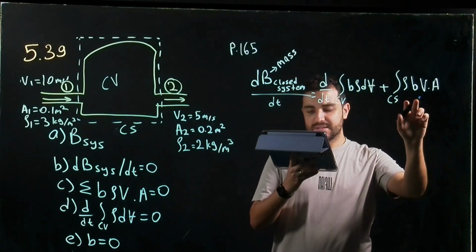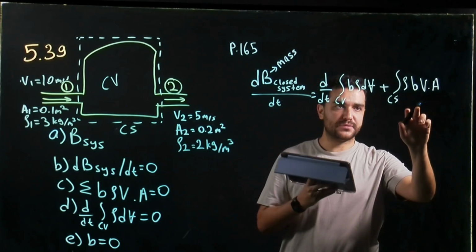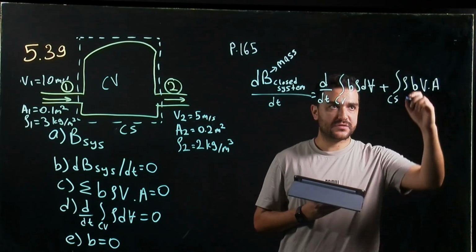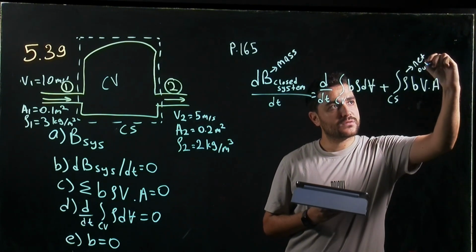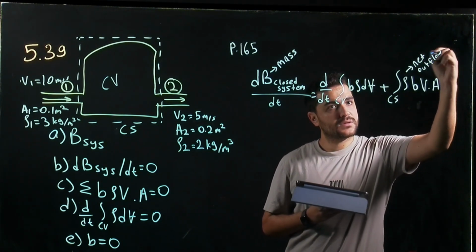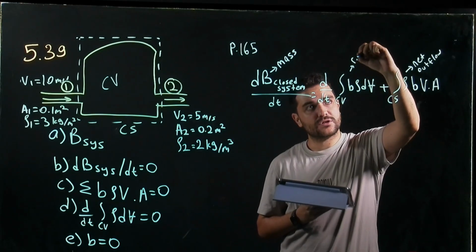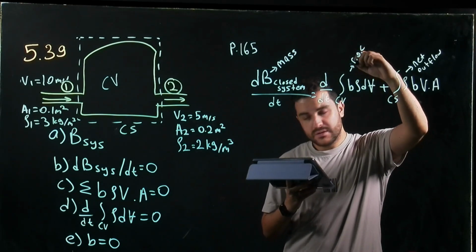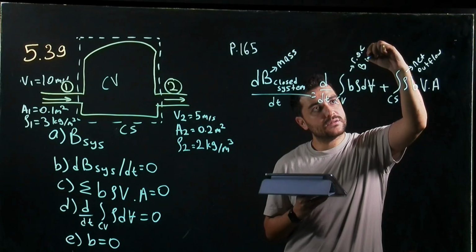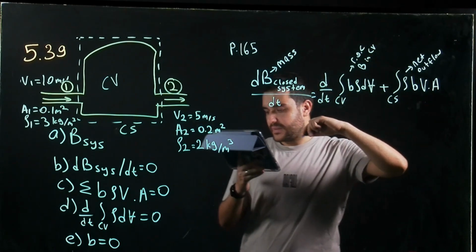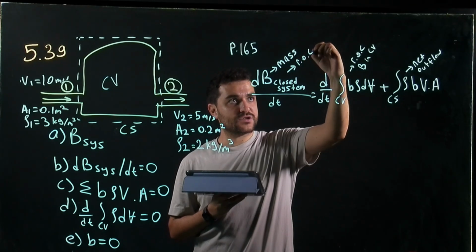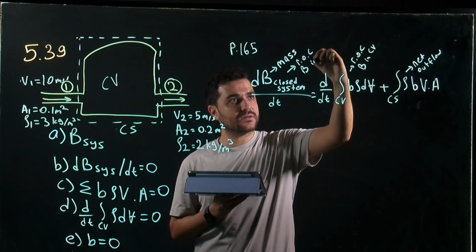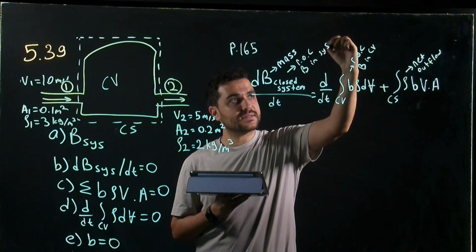And finally, this is the net outflow of B through the control surface. So this is the net outflow, this is the rate of change of B in the control volume, and this is the rate of change of B in the system.